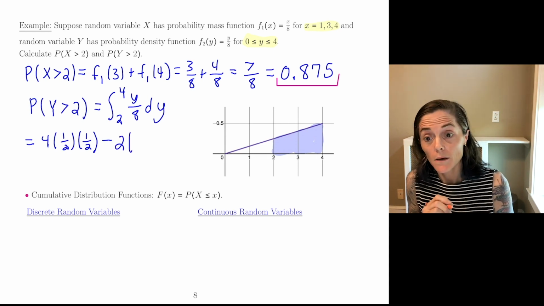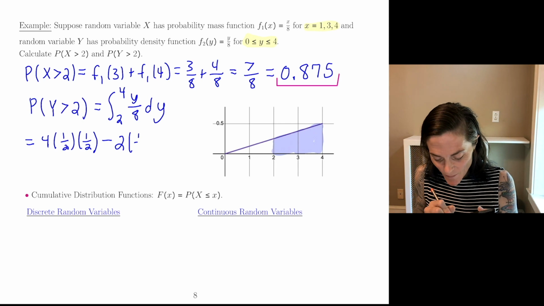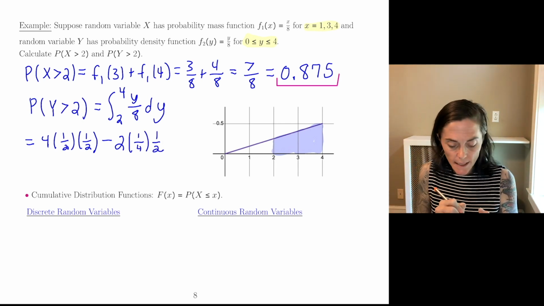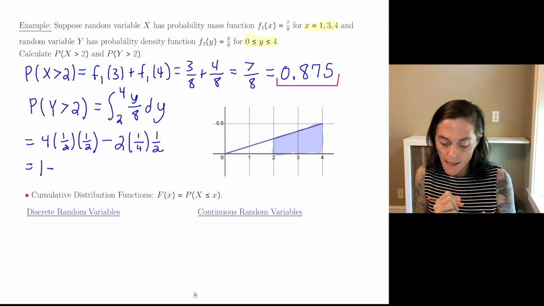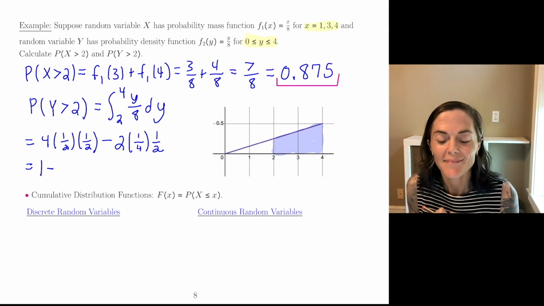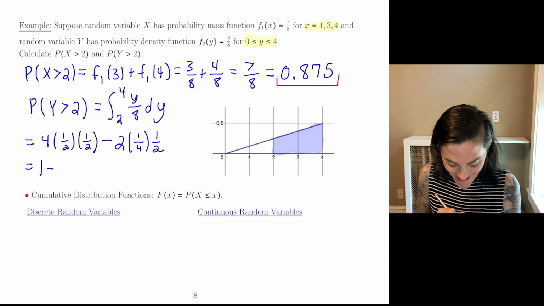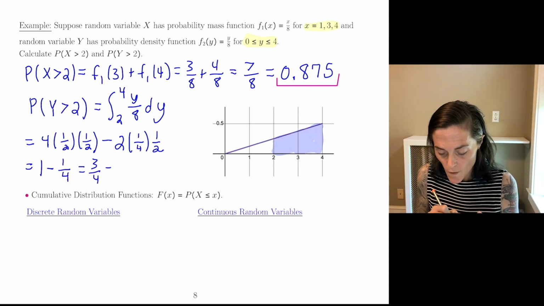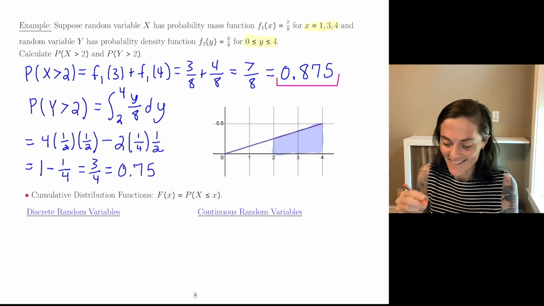Well, that would be 2 over 8, which is 1/4, and then times 1/2. So altogether, we have 1 minus 1/4. This is 3/4, or if you want the decimal, we have 0.75.